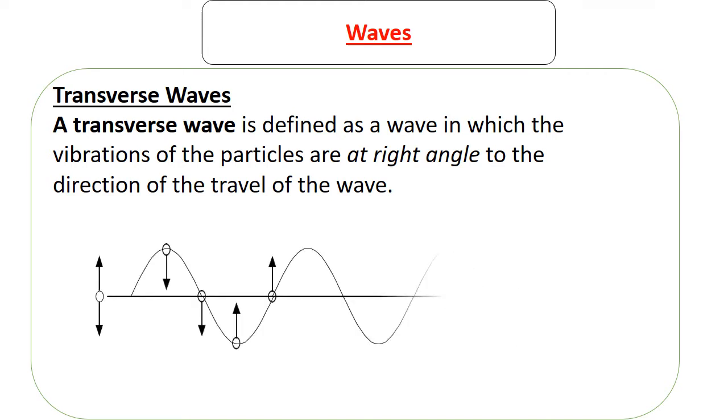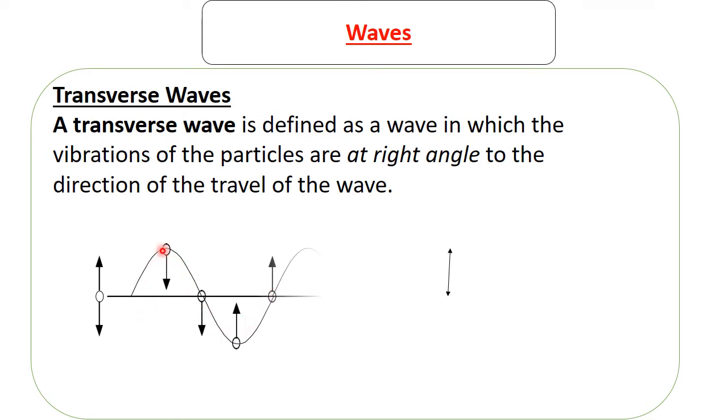So here is an example of a transverse wave. So this wave is moving from left to right. That's the direction of the wave. But the particles are vibrating up and down. So to just make sure that things are clear, if you look at this wave, it's going this direction, but the particles are moving like this.